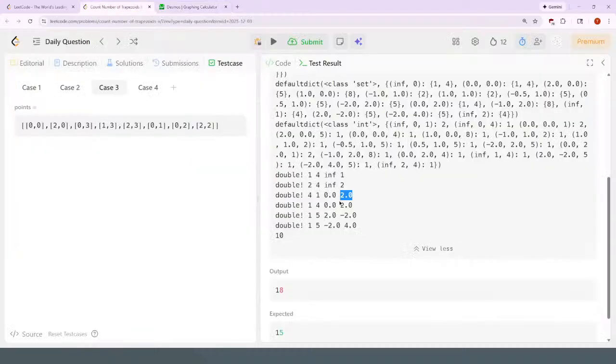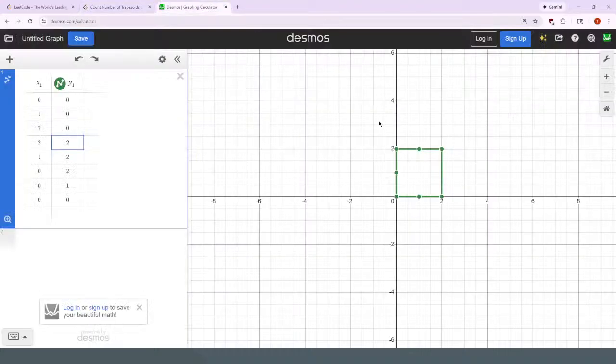And then one double counting, distance squared is 4, so distance is 2. Slope is 0, y-intercept is 2. So I think it's this whole line with this whole line. Okay.